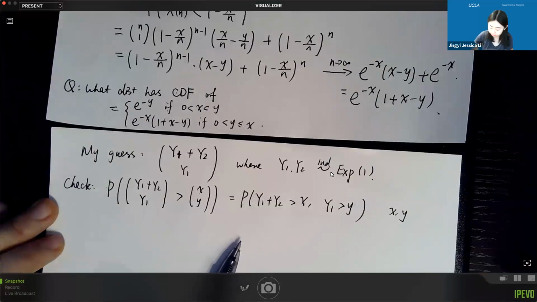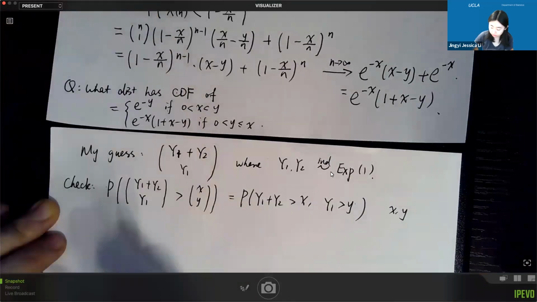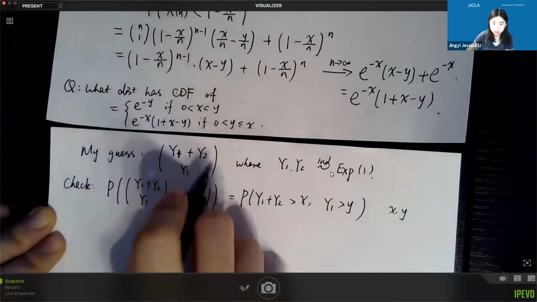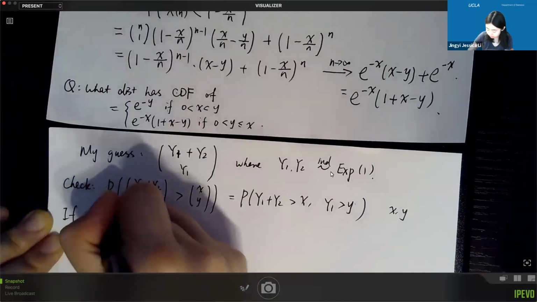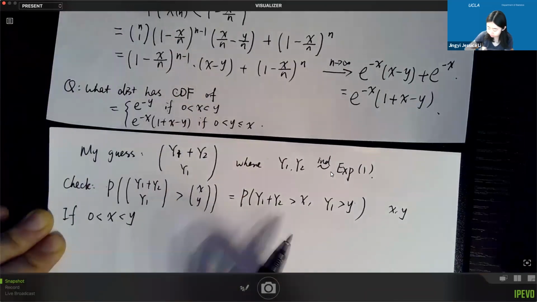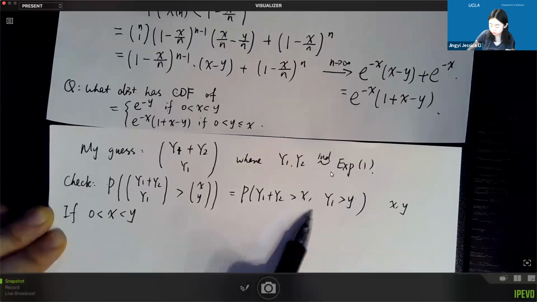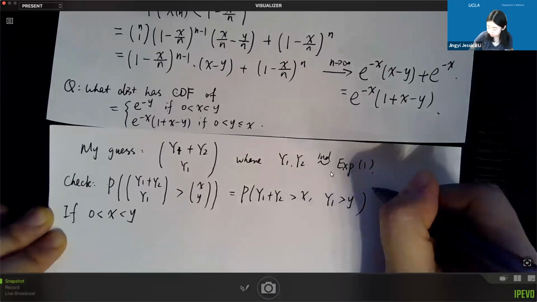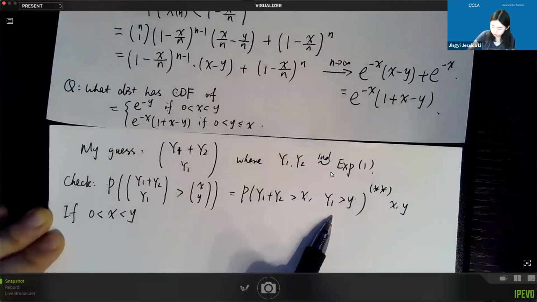Which one is bigger? Following our previous conversation, if x is less than y, then the first constraint is not useful. It's implied by the second.